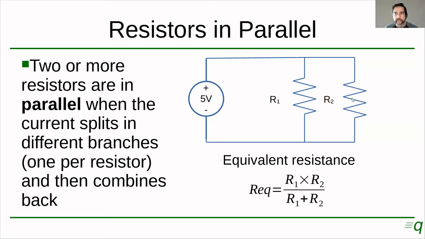So as we add more resistors in parallel, the total resistance is going to decrease. When we have two resistors in parallel, the total resistance is always less than the lowest of the two resistors. And like I said, it can be calculated with this equation.